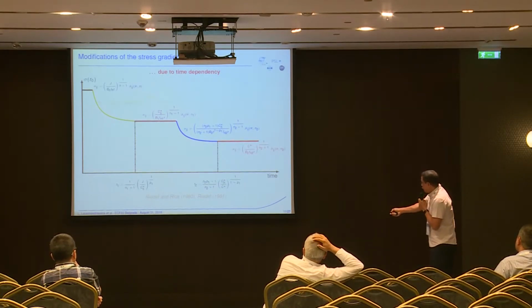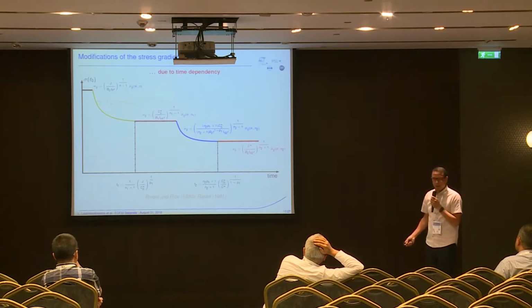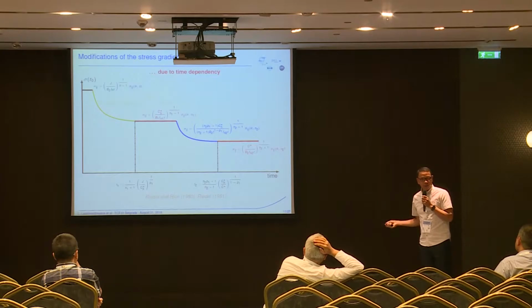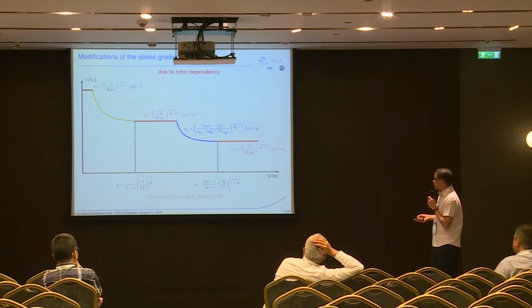And if you reach the transition time for secondary creep, you have the Riedel and Rice theory giving you back the stress singularity, also modified by the Rice and Johnson modification. But all of these modifications can be taken into account by the finite element calculation.